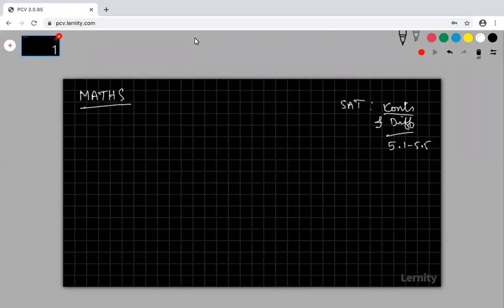Yesterday's homework problem or the previous day's homework problem? Are you asking doubts in increasing, decreasing functions or differentiation?